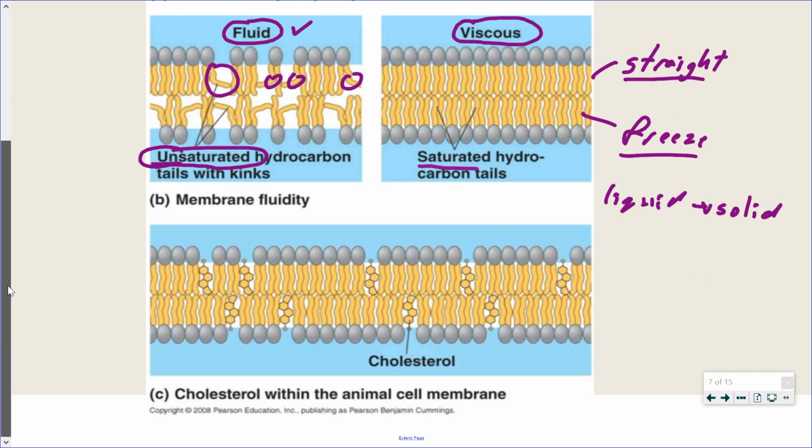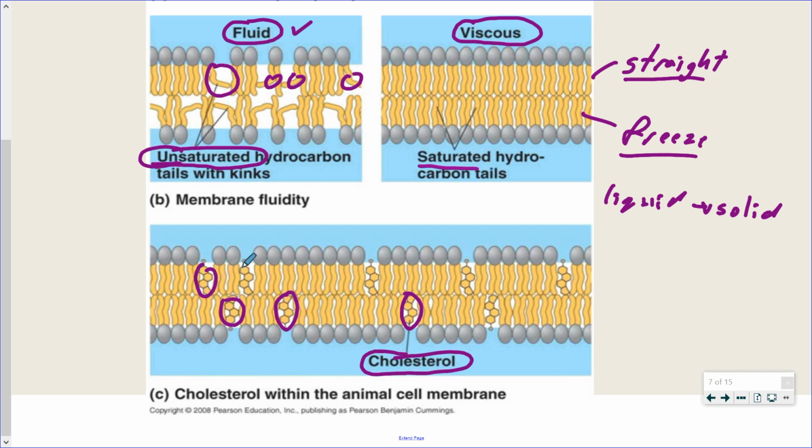Something I didn't mention earlier that's also embedded in the phospholipid bilayer are molecules of cholesterol. These also interrupt the phospholipid bilayer. If it's a very hot environment, then the membrane might be more fluid, so the cholesterol actually makes it a little bit more viscous. And in a very cold environment, the cholesterol does the opposite. It makes it a little bit more fluid.